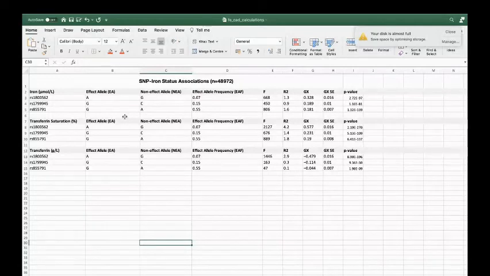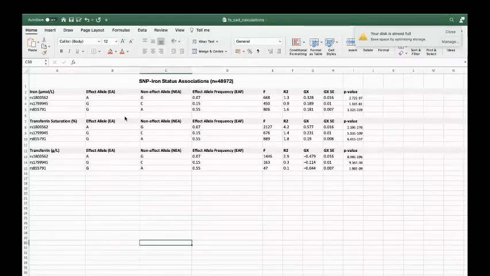Okay, so the F statistic here is mostly greater than 10. Actually, it's all greater than 10. So there are what we call strong instrumental variables. So that's MR assumption 1, where the association between the genetic variant and the exposure is strong. Now, these only contribute a small amount to actual variability in iron.